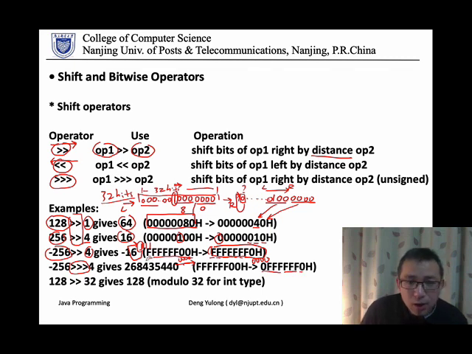If we convert it back to a decimal number, it is a very large number. Okay, this is the logical shifting.